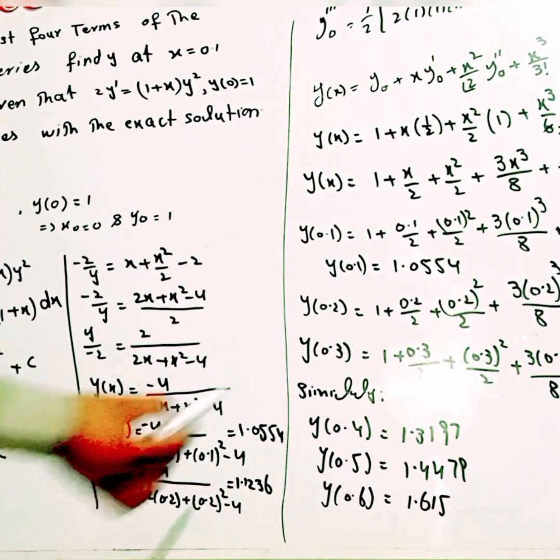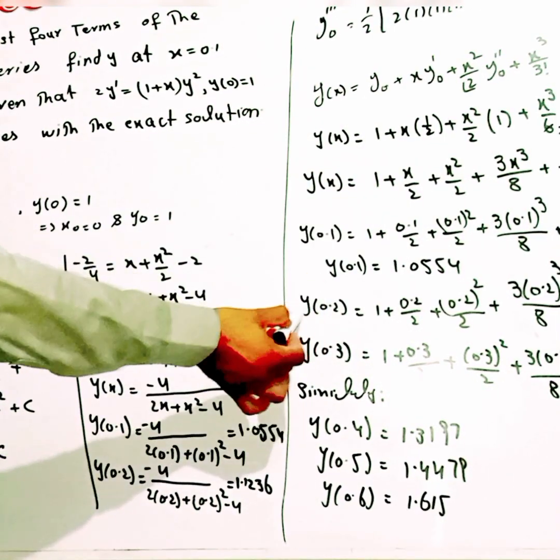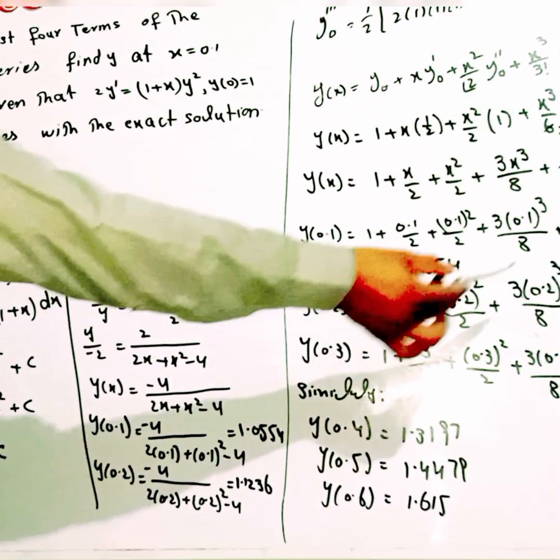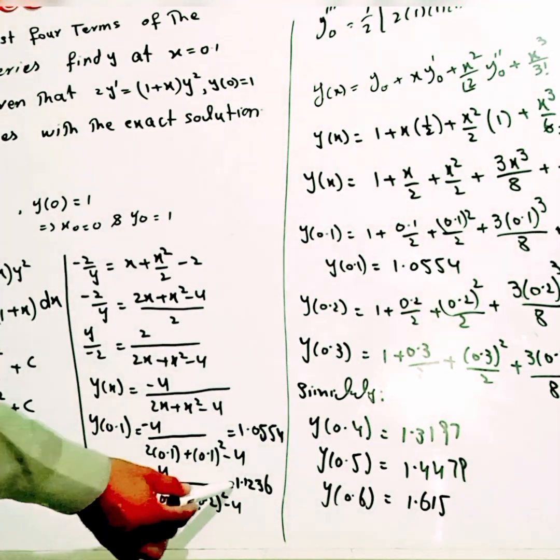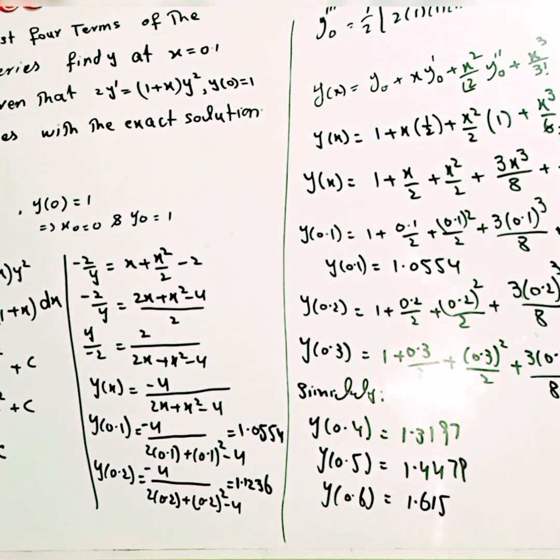By using 4 terms of the Maclaurin series, we obtain y of 0.2 is equal to 1.1237, and here we have 1.1236. These two solutions are also very nearly equal. Similarly, we obtain y of 0.3, y of 0.4, y of 0.5 and y of 0.6.